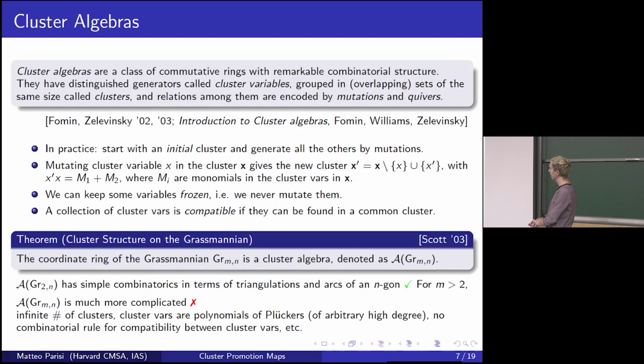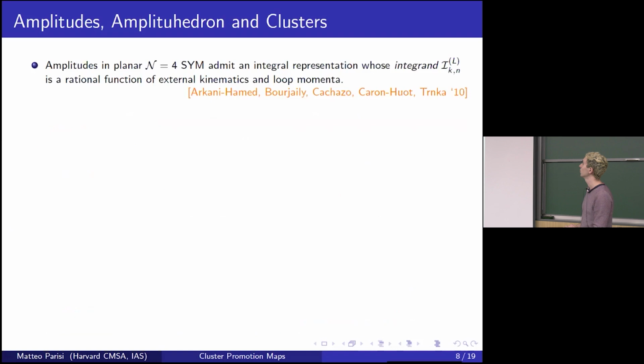Okay, next step, I would like to mention how these topics, positive Grassmannian, amplituhedron, and cluster algebras, are related to scattering amplitudes. So we move back to amplitudes in planar N=4 super Yang-Mills. We know that they admit an integral representation in terms of an integrand that is a rational function of external kinematics and loop momentum.